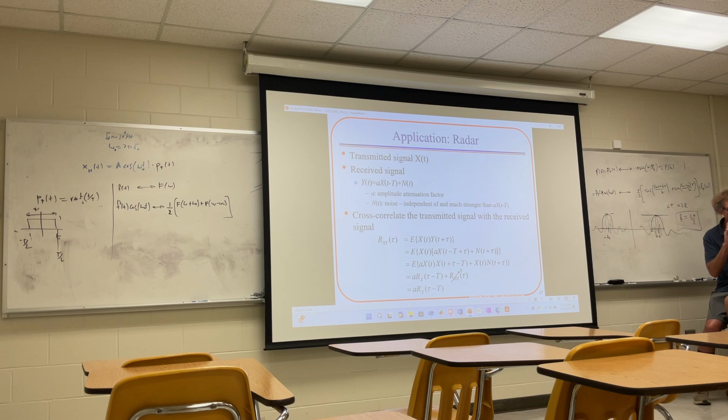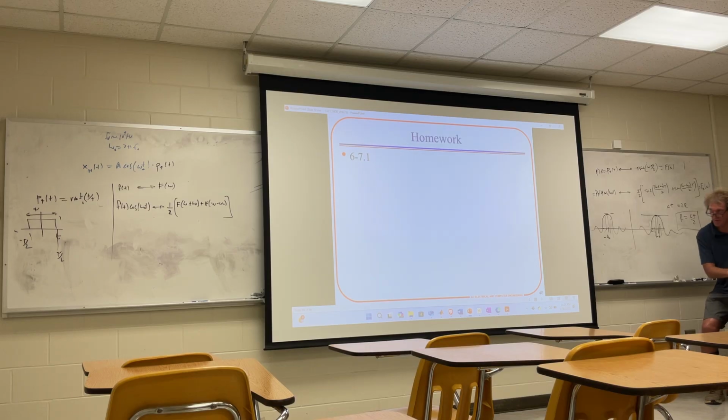Do you remember I said if the two things are statistically independent, then the cross correlation is really x bar times y bar? Well, if the noise, call it n bar, is 0, zero mean, you get 0. This goes away, and you get this, and this is the beautiful thing. So we can get rid of the noise by doing this cross correlator, and then we do 6.71.